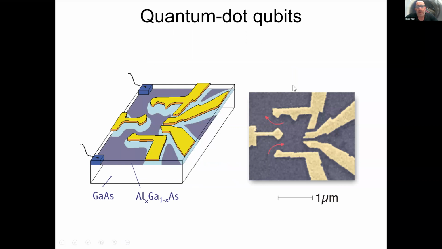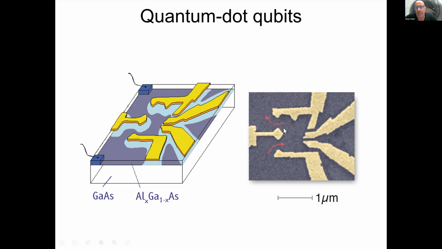This is a different example of a technology. These are quantum dot qubits. Quantum dot qubits are qubits that are made by fabricating artificial atoms, if you like. What people do here is they build very small devices, hundreds of nanometers, smaller than 1 micron. These electrodes generate electric fields that again build boxes, but not boxes for ions that hover above the chip surface, but rather for the electrons that are in the metal below the electrodes.